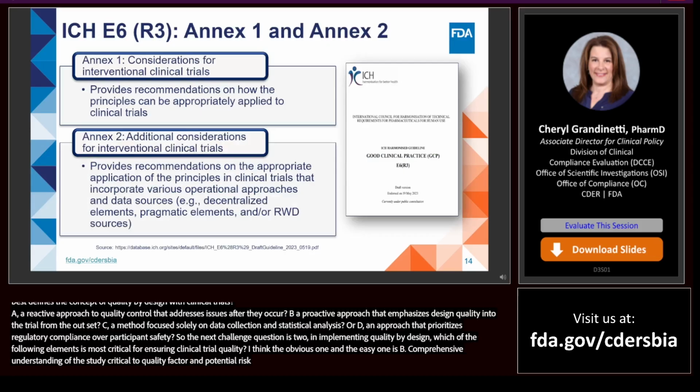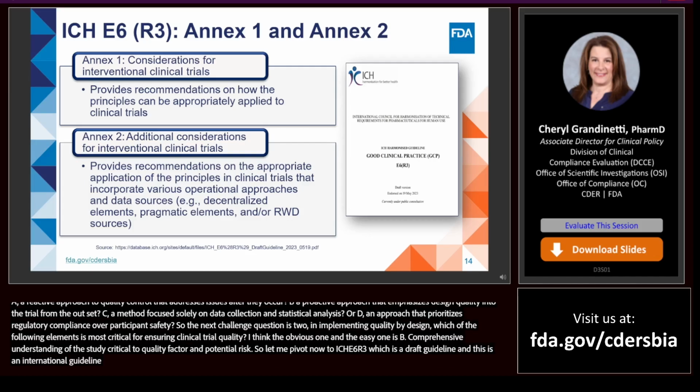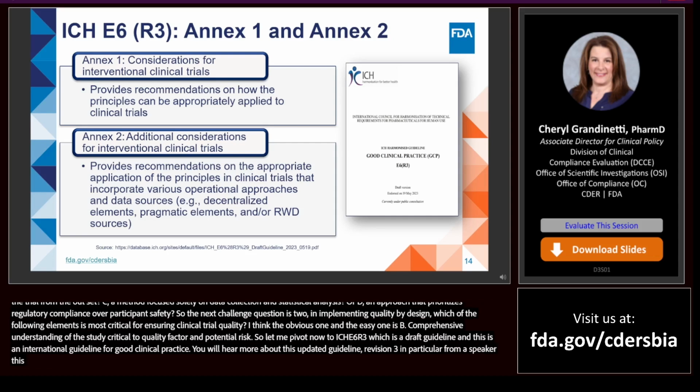Okay, so let me pivot now to ICH E6R3, which is a draft guideline, and it's an international guideline for good clinical practice. So you'll hear more about this updated guideline, revision 3 in particular, from Dr. Ayalou this morning in his presentation that follows mine. And this guideline has been totally reorganized and renovated to include 11 principles and 2 annexes.